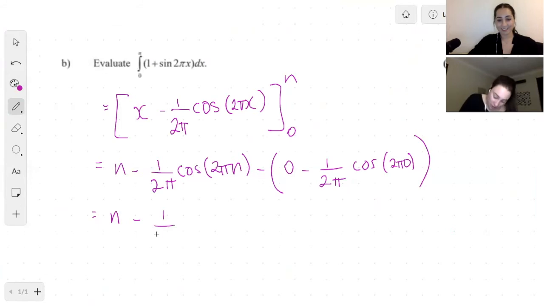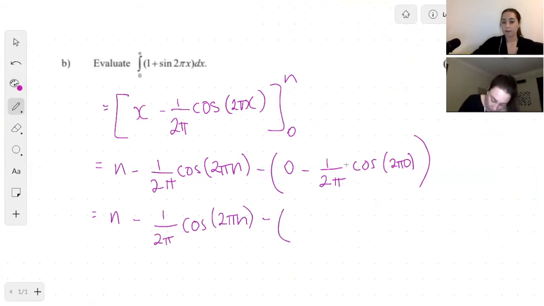So n minus 1 over 2 pi cos 2 pi n, minus, minus 1 over 2 pi. And then cos 0.